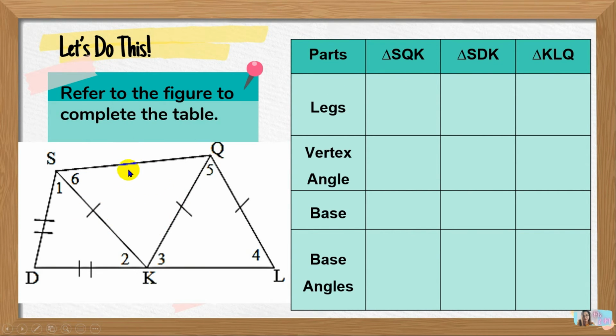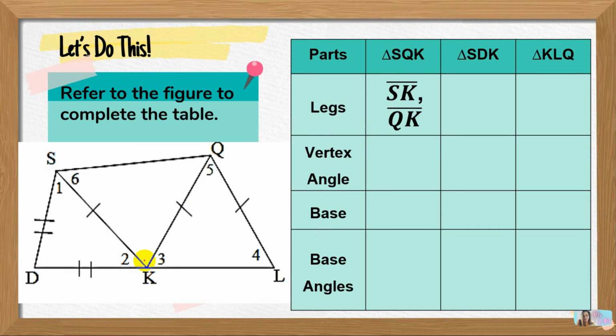So, let's look carefully on the given triangle here, nasaan ang two congruent sides, at yun yung tinatawag nating legs. So, they are side SK and side QK. We can also name this as side KS and side KQ. For the vertex angle, alin yung angle na included among these two legs? So, that's this angle.